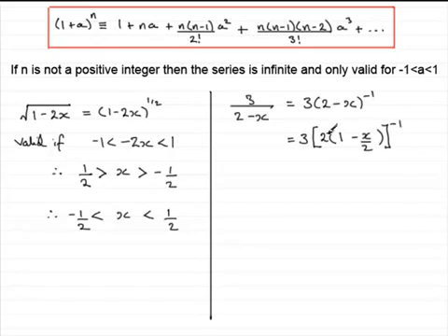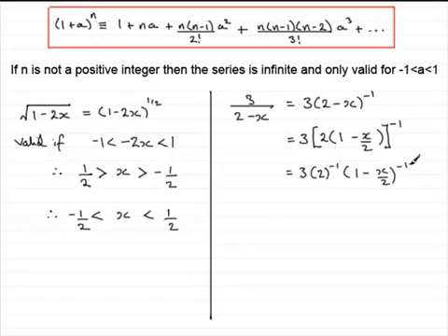Then each of these parts in the bracket is raised to the power -1. So we have 3 multiplied by 2 to the -1, and then 1 minus x over 2 to the power -1. It's this part that we're interested in. This is the part we would use the binomial expansion formula for.